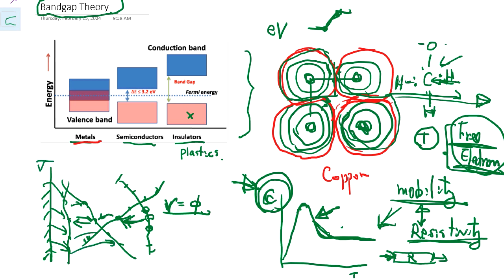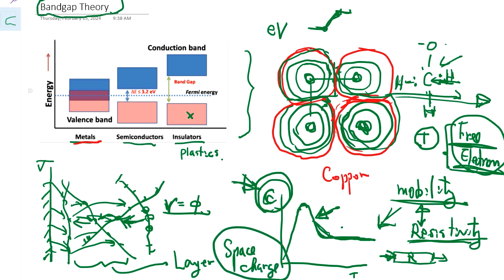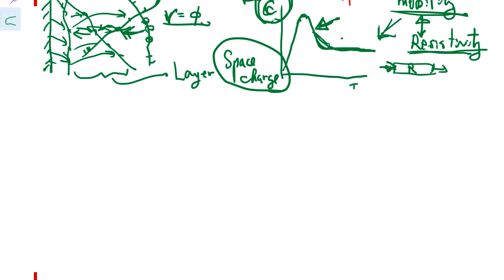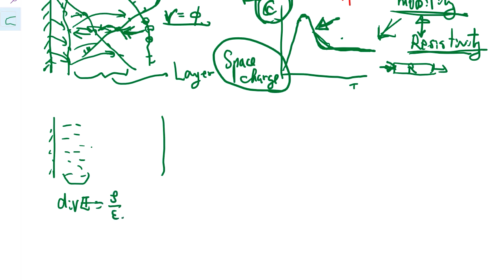It's forced to move to the nearby atoms, but certain layer has so-called space charge, and the space charge is something like, even you have a conductor here, if you have a space charge formed here in the bulk, and this layer, remember, divergent E equals epsilon.